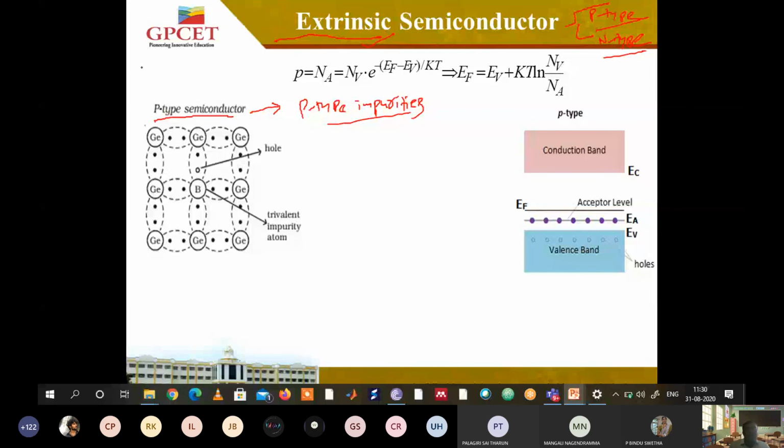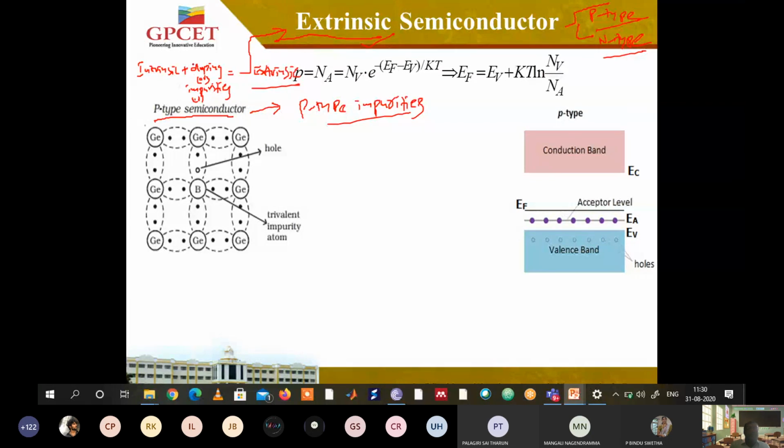So I can say intrinsic plus doping, where doping is nothing but impurities or extra energies, is equal to extrinsic semiconductor.